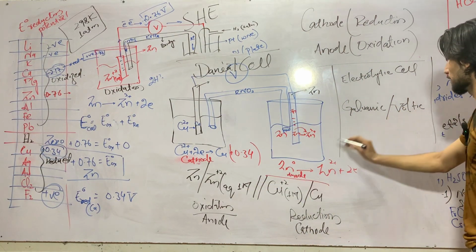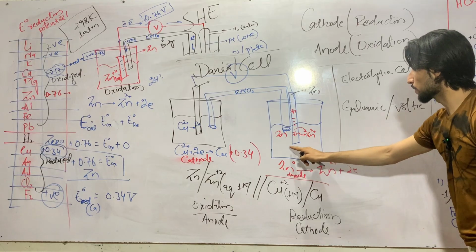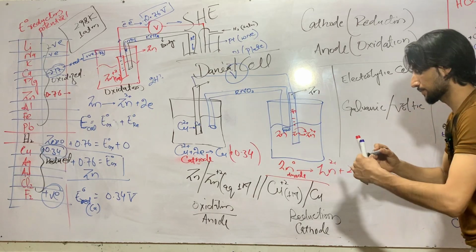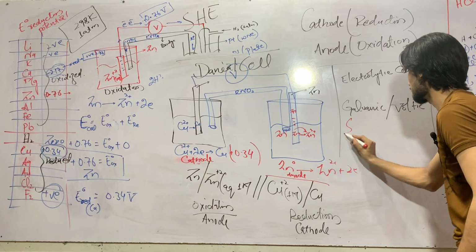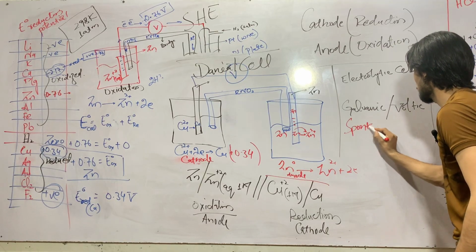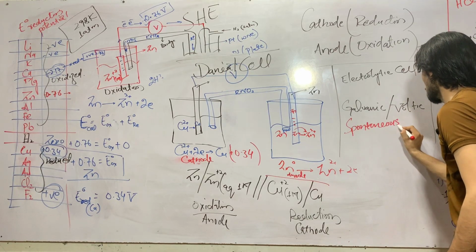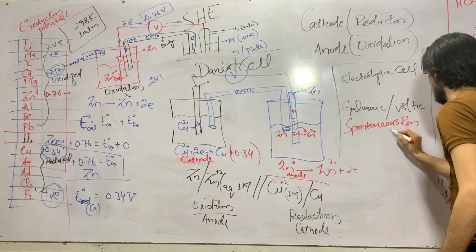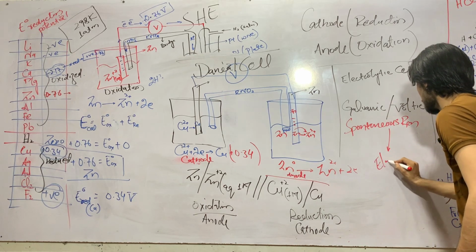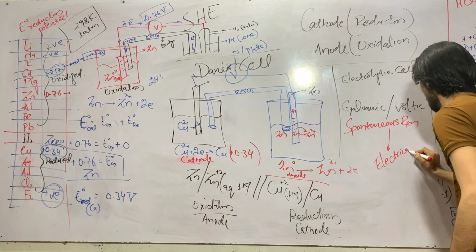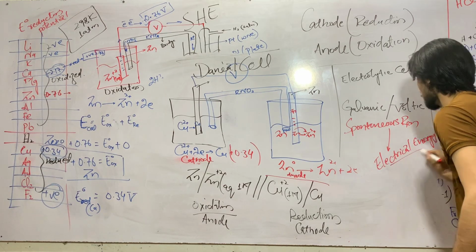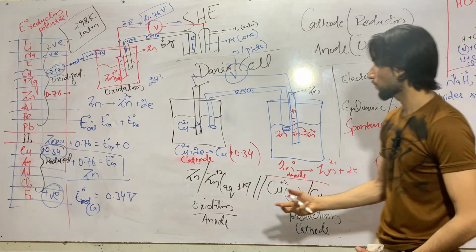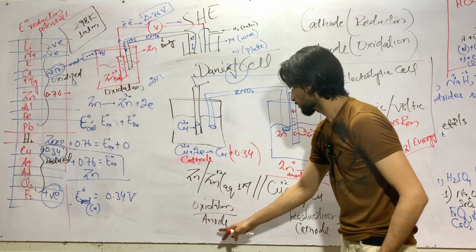Here we see that a spontaneous reaction is creating electrical energy, as we saw in the shape of E naught of the cell.